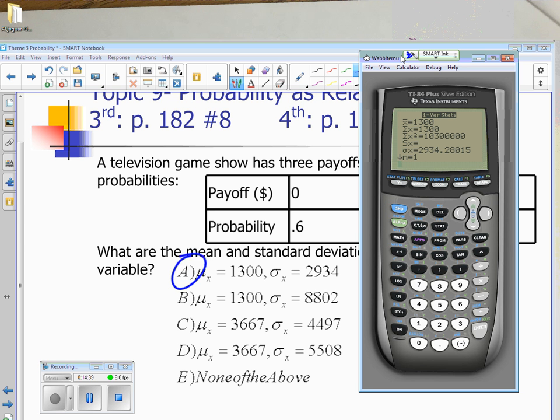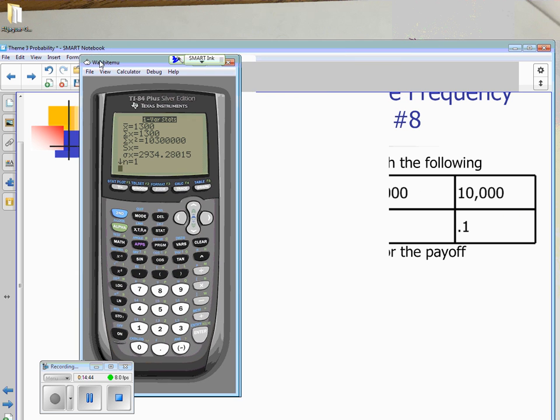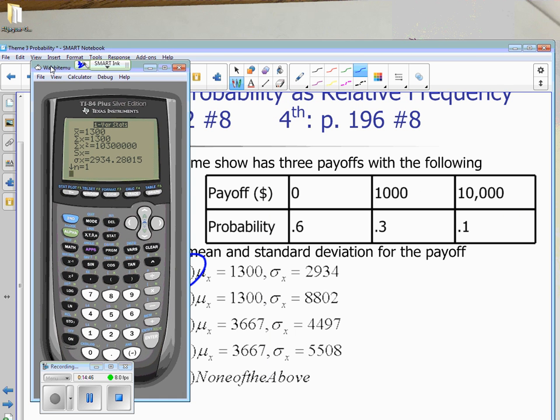We can go over how to do it by hand if you're interested. Just to remind us, in case you have something else that comes up that's worded differently. How do I find the mean again? By hand: 0 times 0.6 plus 1,000 times 0.3 plus 10,000 times 0.1. That would also give you the same answer.